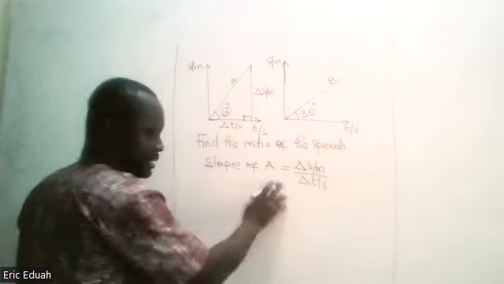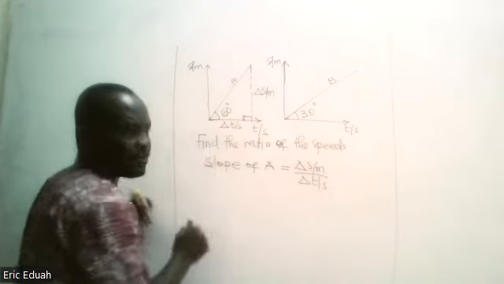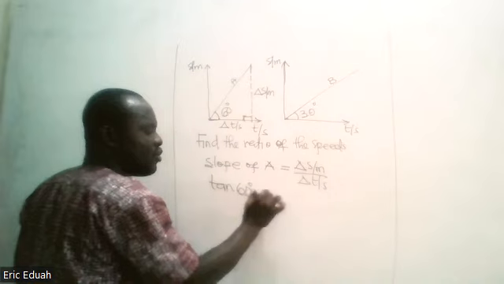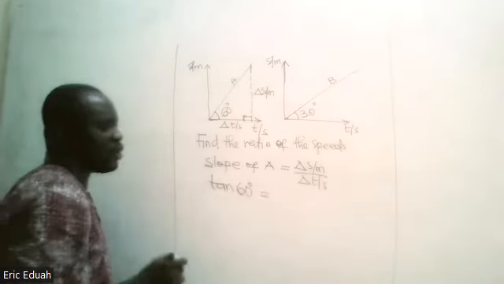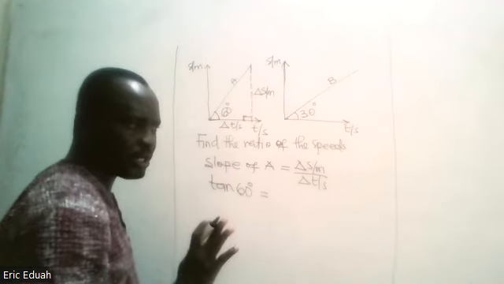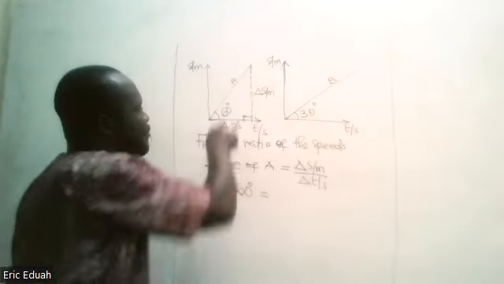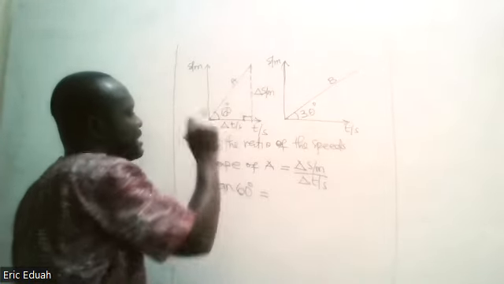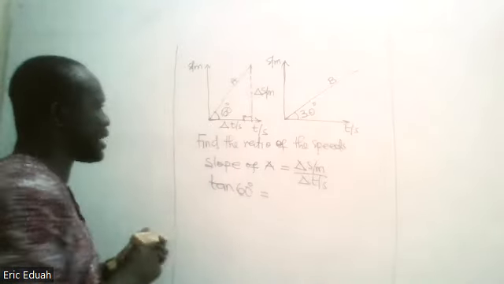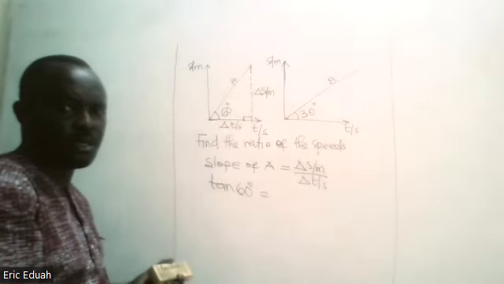Now, let's take the tangent of this angle. Tan 60 degrees will be equal to which side of the right-angled triangle to what side? Change in displacement.